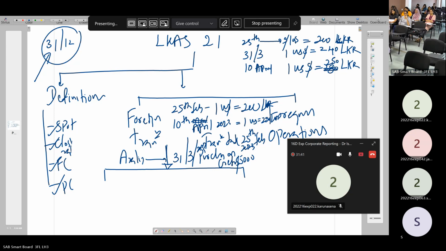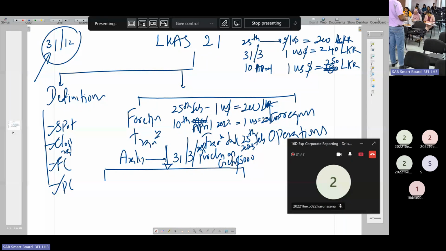Okay. Double entry. On the transaction date, what is the double entry? You can take down two accounts. You are the accountant making the entry. How is this transaction recorded? What are the double entries? We buy.